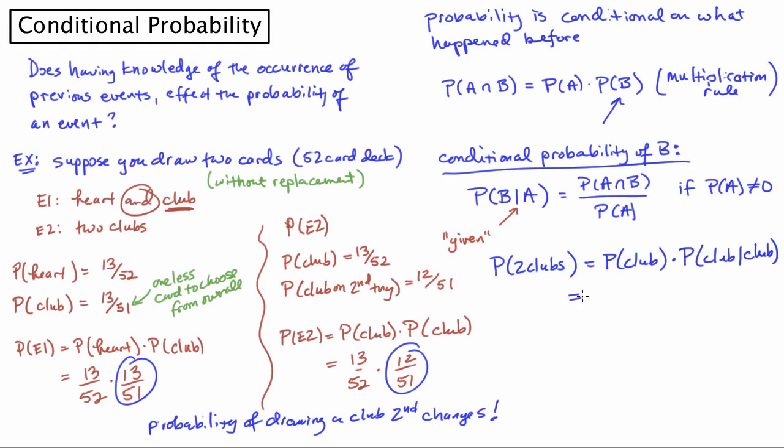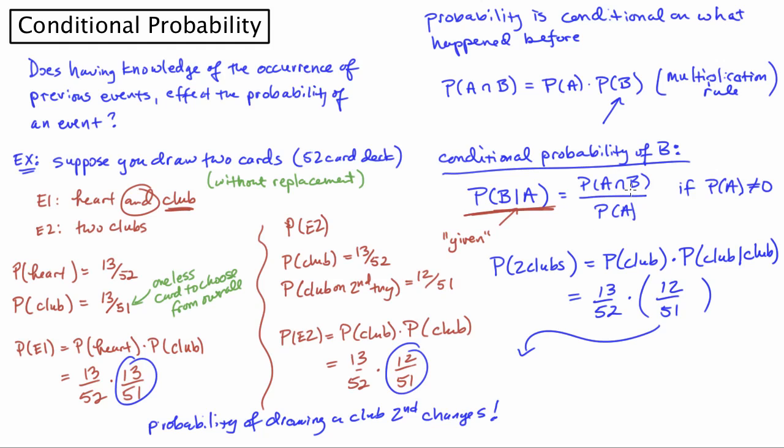So this first probability is very easy. The probability of selecting a club first we know is 13 out of 52. And now I have to figure out this conditional probability, which we know is 12 out of 51. But I want to show you where that number comes from. And it comes from using this formula right here. This is what I'm going to be using to figure that out.